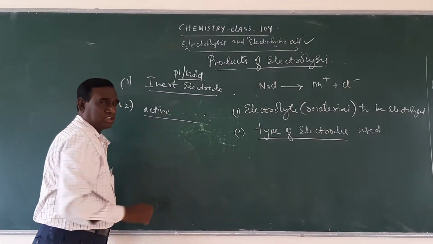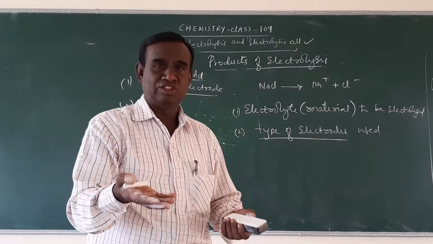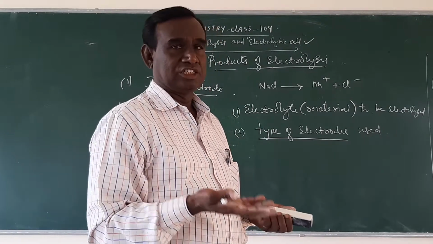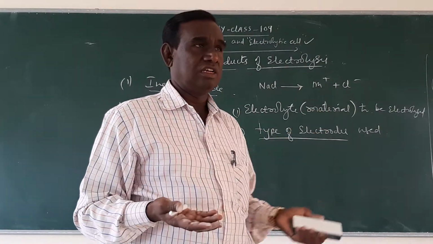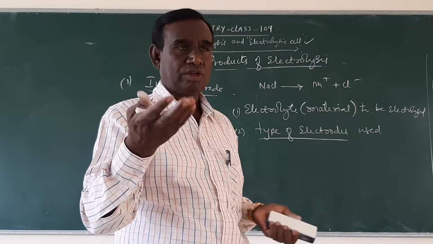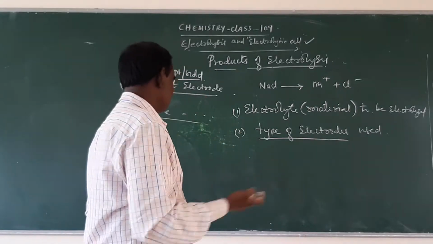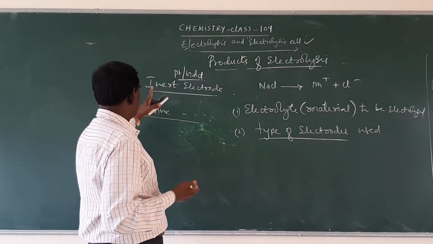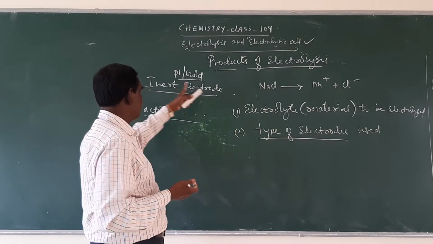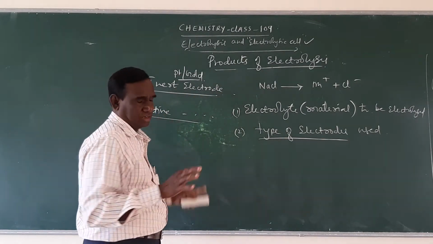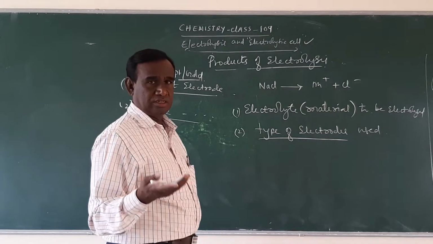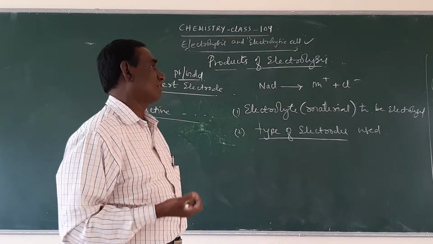If active electrodes are used, they of course participate in the chemical reaction, like in the electrolysis of copper sulfate or sodium chloride. So two types of electrodes can be used: inert electrodes as well as active electrodes.